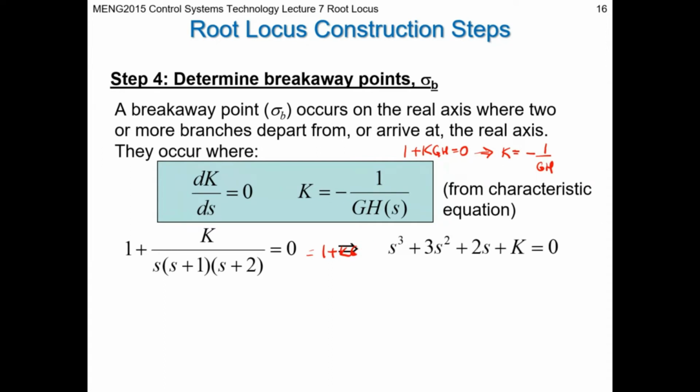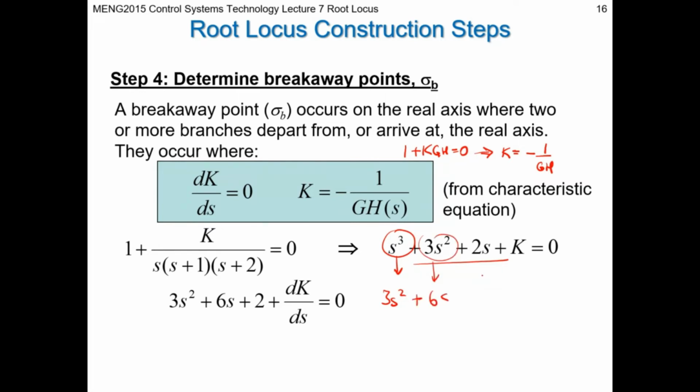If we multiply our characteristic equation out, we get a polynomial in s with the constant k. Now, if we differentiate with respect to s, this differentiates to 3s squared, this to 6s, this to 2, and this one differentiates to dk by ds.